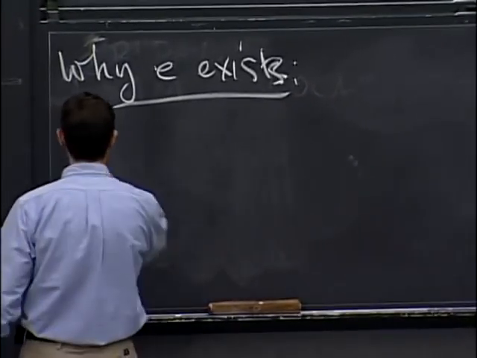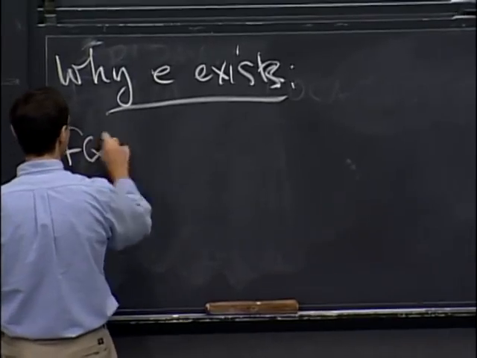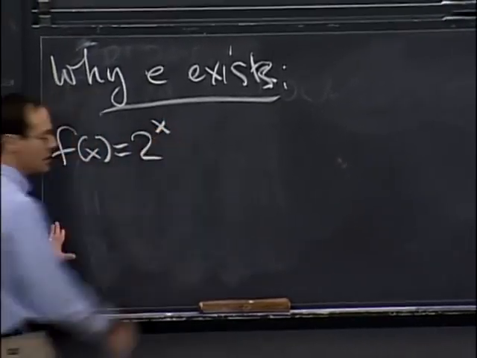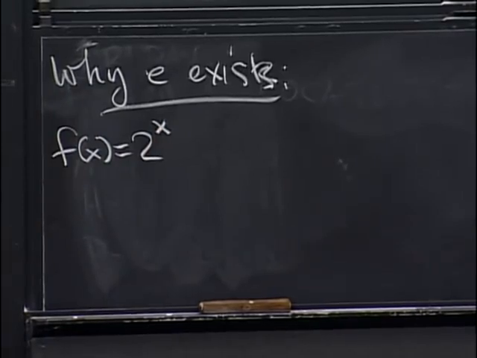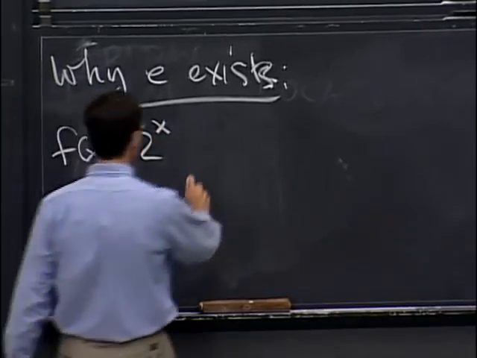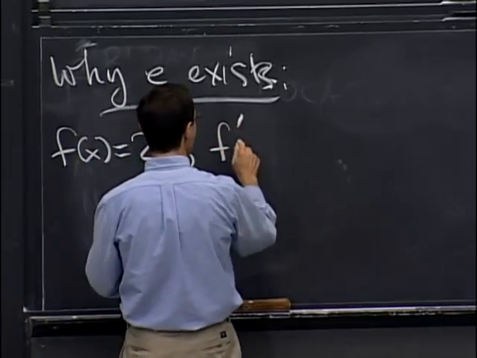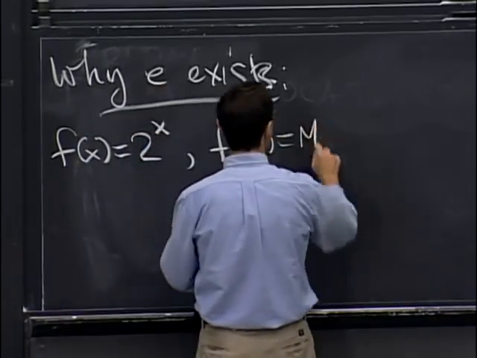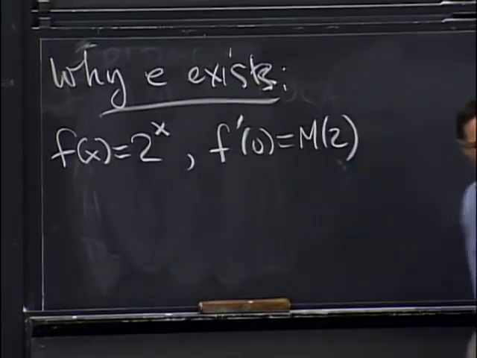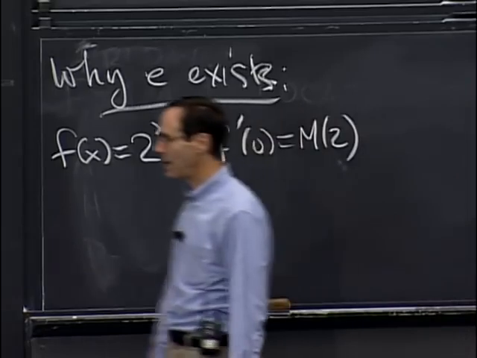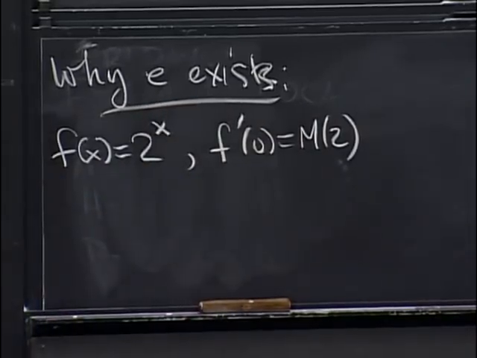So first of all, let me start with the one that we supposedly know, which is the function 2 to the x. We'll call it f of x is 2 to the x. All right? So that's the first thing. And remember that the property that it had was that f prime of 0 was m of 2. That was the derivative of this function, the slope at x equals 0 of the graph, of the tangent line, that is.